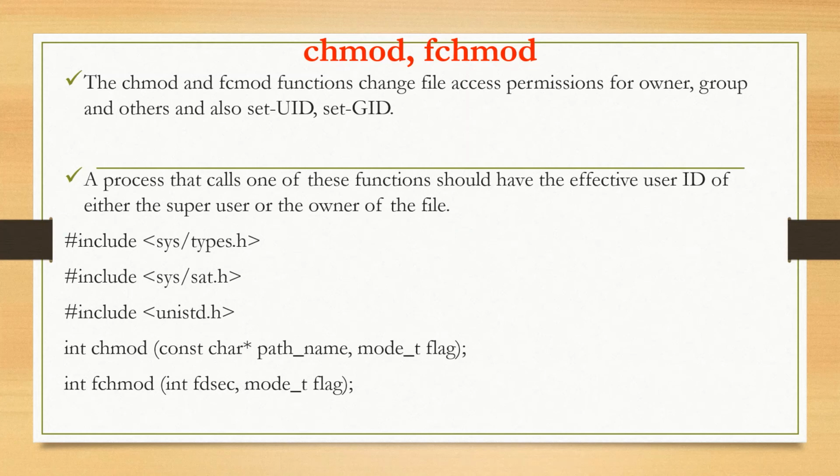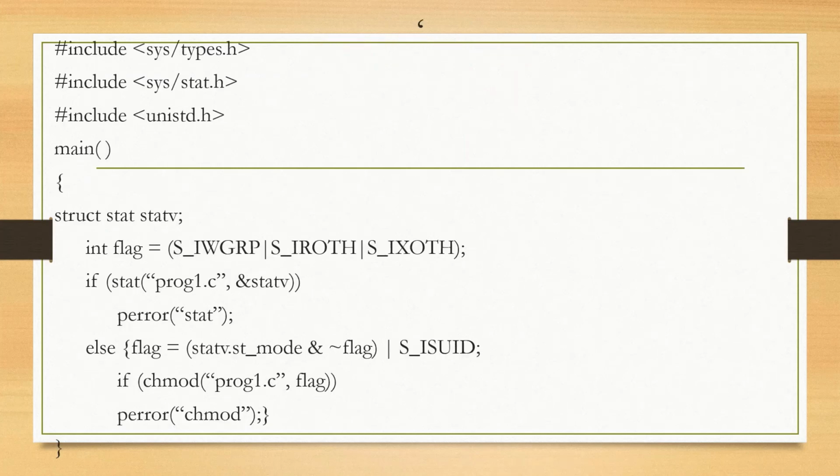Now we will consider some examples of how to set the user ID. The following function turns on the set user ID flag, removes group write permission, and removes others' read and execute permission on a file named in the given path.